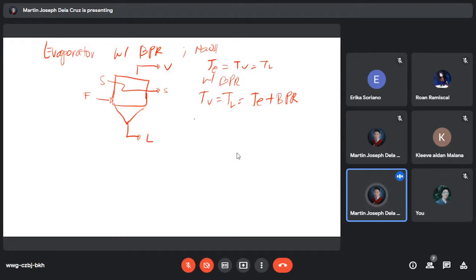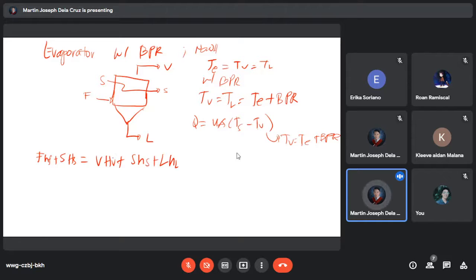So, if we take Q is equal to your UA delta T, so TS minus TV, ito na yung meron dapat TV natin is TE plus your BPR class. Okay? Tapos pag kukunin natin, di ba we have FHF plus SHS is equal to your VHV plus SHS plus LHL.